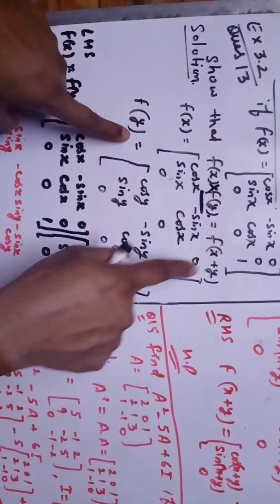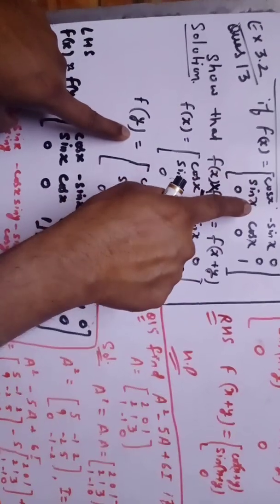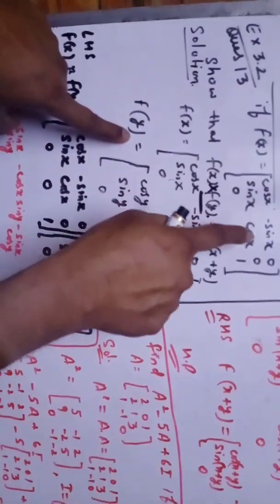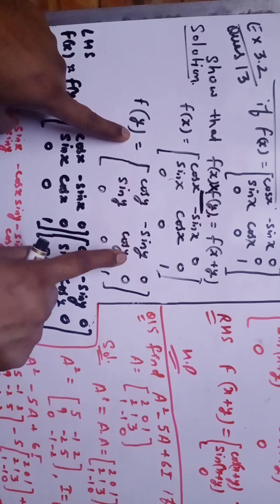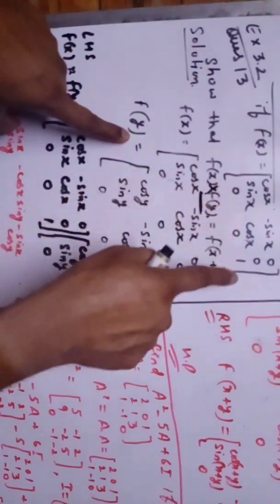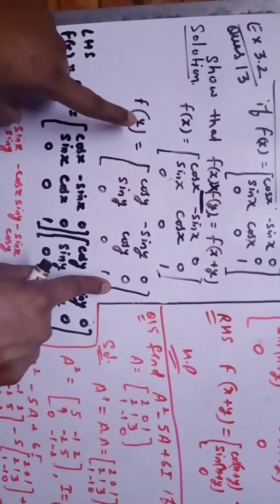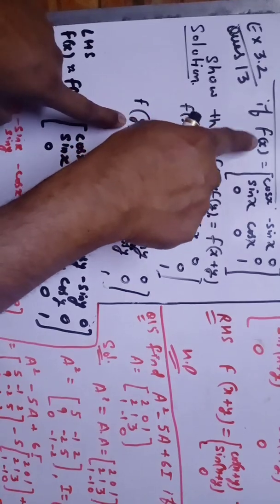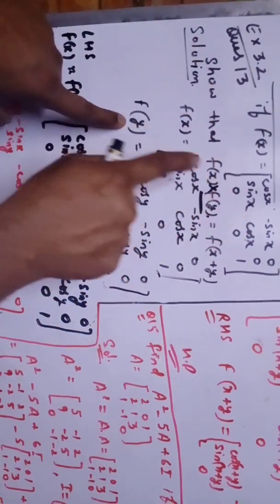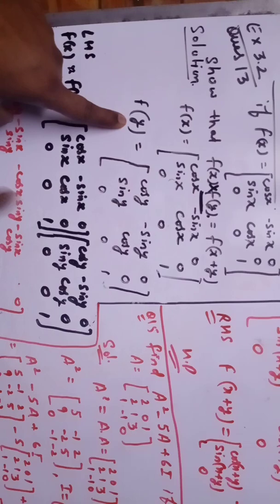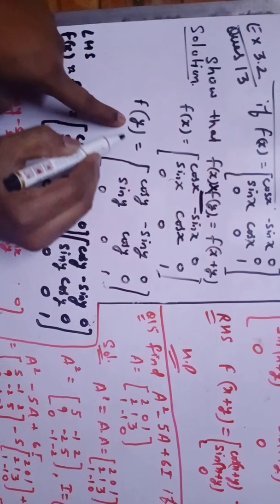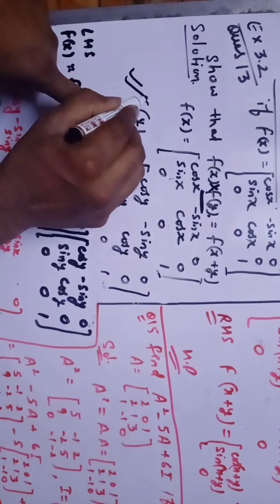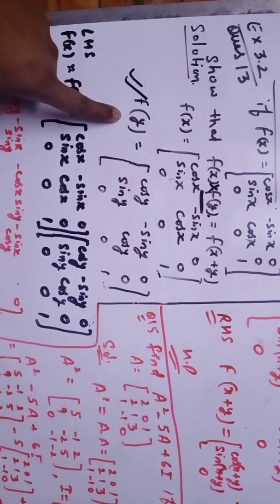Similarly sin x would be sin y, and cos x would be cos y, and then 0 0 1. If you have to convert x into y, you have to change the variable wherever x is coming with y. So you will get this matrix F(y).